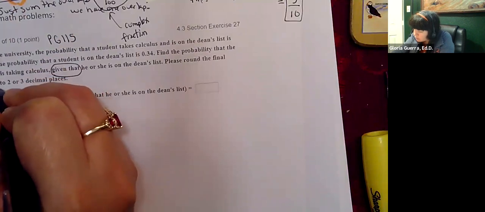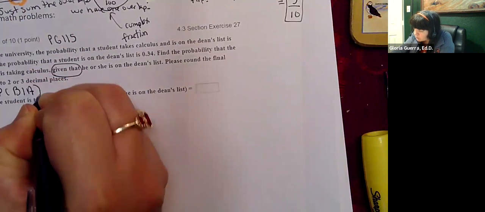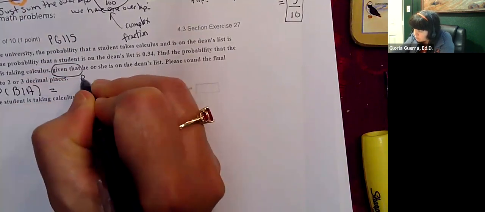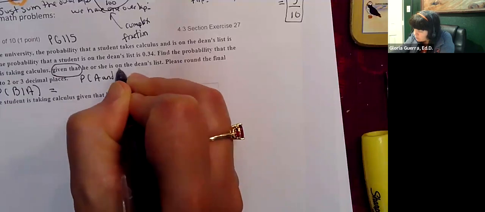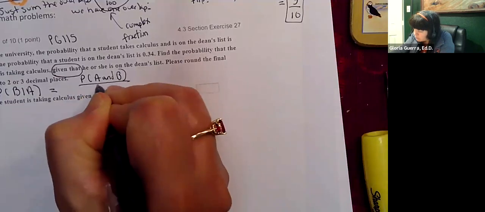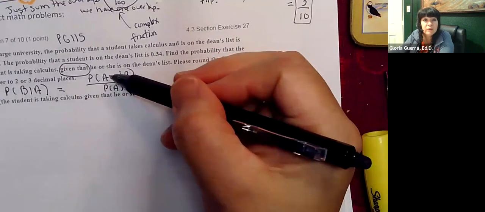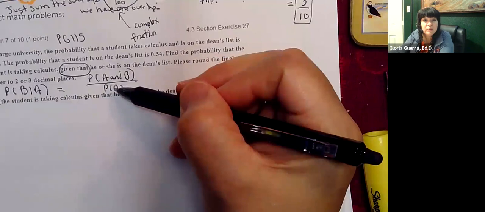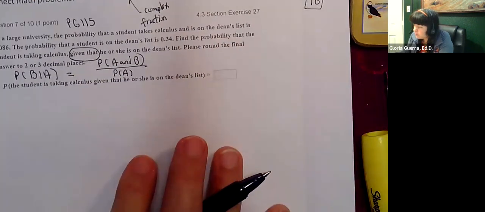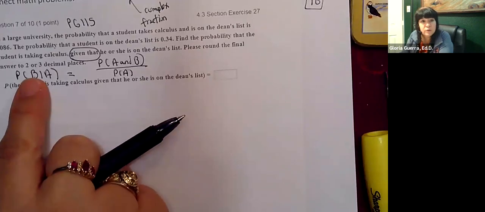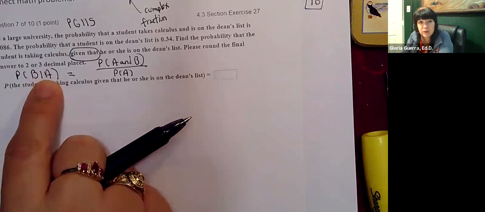So probability of B given A is equal to probability of A and B over probability of A. So remember, it helps you remember that these end up being the same, should be identical, okay? And also, when you start off, it's not alphabetical here, so B given A.